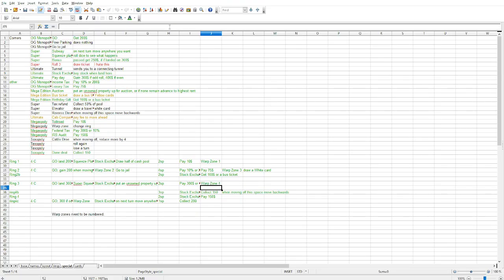I might redefine some of the stock exchanges as warp zones. Might, not sure. Seriously, I put 6 of them out there. I'm not sure that was a good idea, but we'll find out.